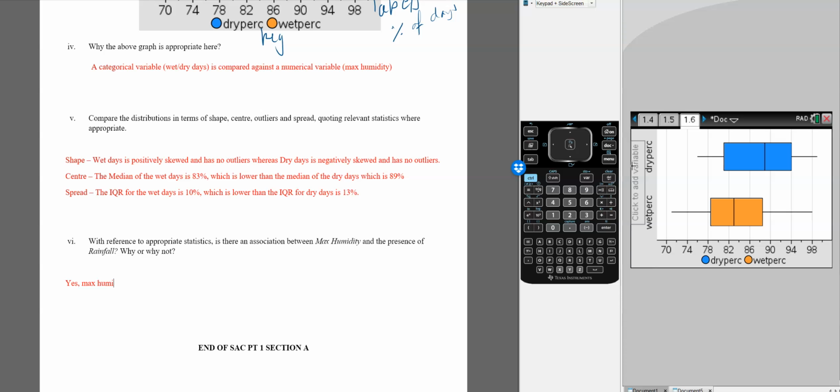Yes, max humidity has a median value of 83% on wet days, which is significantly lower compared to 89% of the dry days.